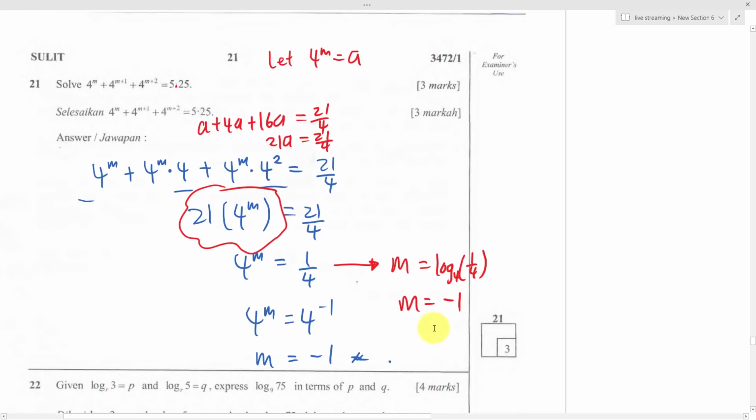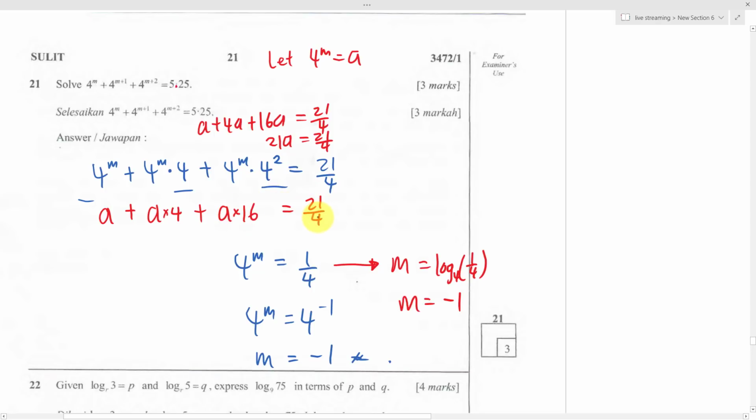How to get 21 again? Basically, I add all of them together. If you're not sure, okay, let me just do it slowly. This is a plus a multiply 4 plus a multiply 16 equals 21 over 4.